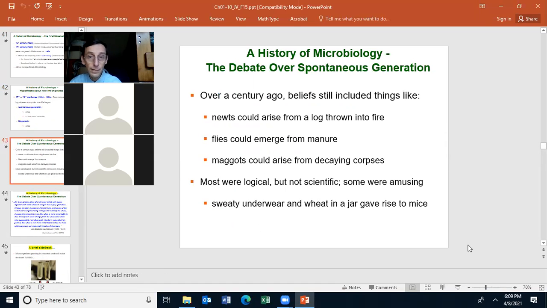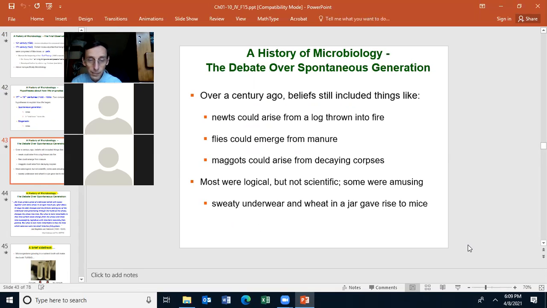Now, over a century ago, beliefs included things like if you threw a log into the fire, sometimes a newt would come out of the fire, and people would say, aha, spontaneous generation of the newt. You throw the log into the fire, and the wood and the fire together spontaneously generated the newt.